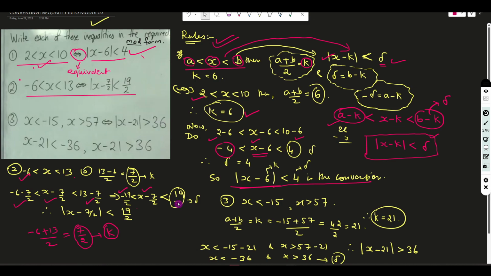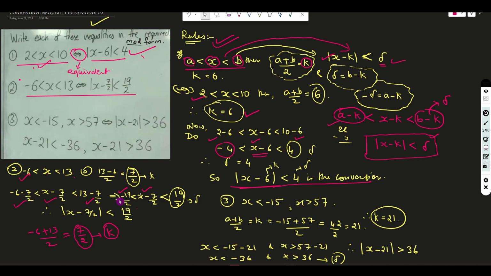Now if you see carefully, the numerical values of the extreme terms of this inequality are the same. That is 19 upon 2 here, 19 upon 2 here. Only thing is, on the right hand side you have a plus 19 upon 2, and on the left hand side you have a minus 19 upon 2. And you have to come to this form only.